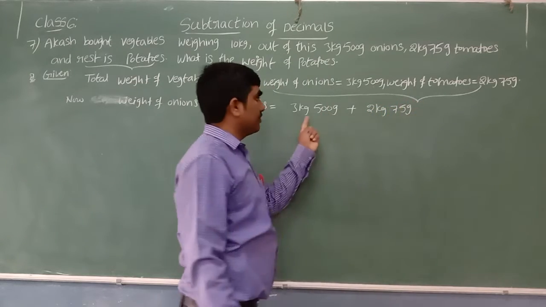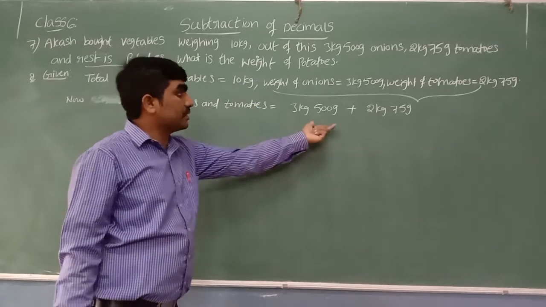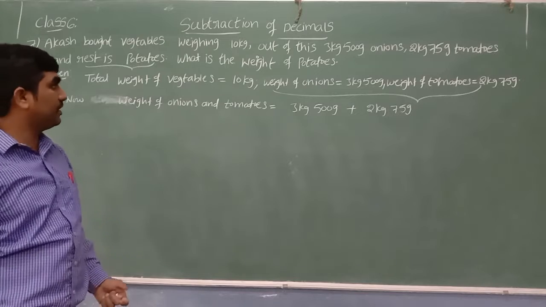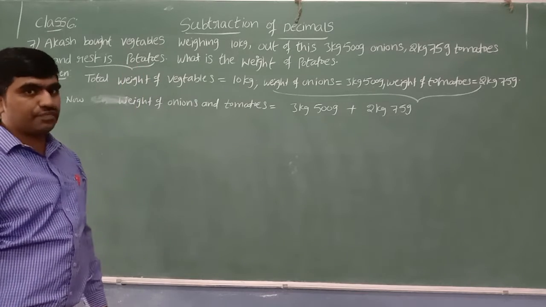First we have to find the weight of these two, then we can subtract it from the total weight 10 kg. Then the rest will become the weight of potatoes.